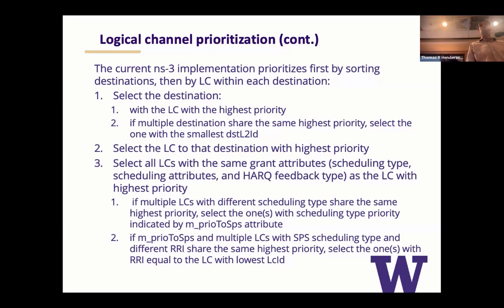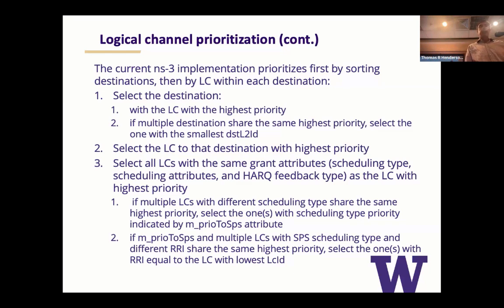If there's a tie, it will select the one with the smallest destination L2 ID, just as an arbitrary tiebreaker. Then within that destination, it will select the logical channel that has the highest priority, and then select all the logical channels with the same grant attributes as that one, so that they can be scheduled together.